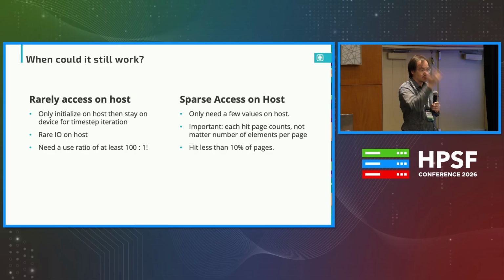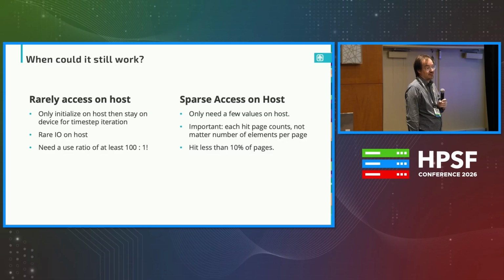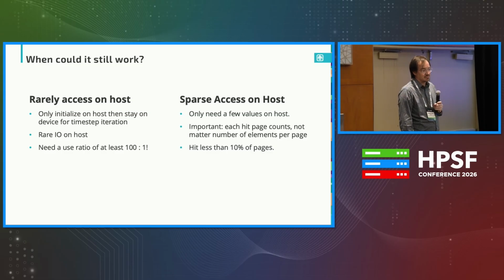Sure, the first move to the GPU is really slow, but you don't care. If you do rare I/O on the host, right, every 10 minutes you drop a checkpoint file, right? Probably fine. But you need to use a ratio here, right, of at least 100 to 1, right?